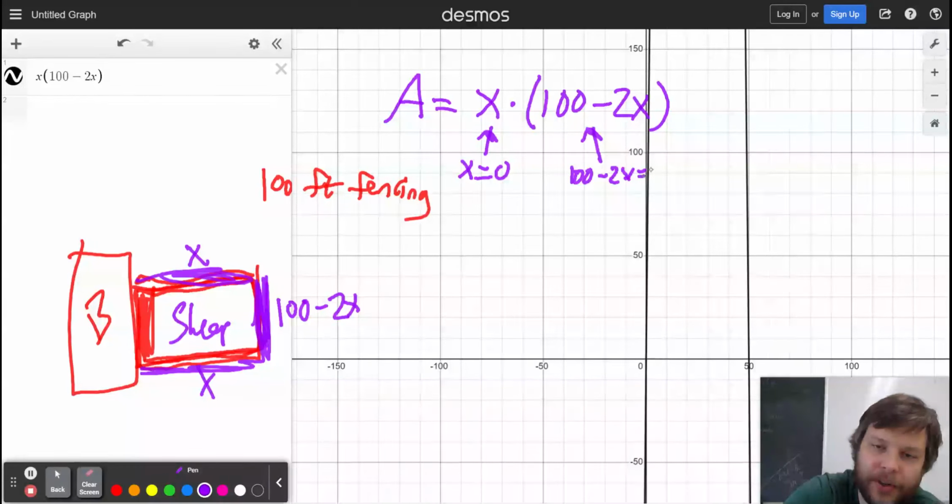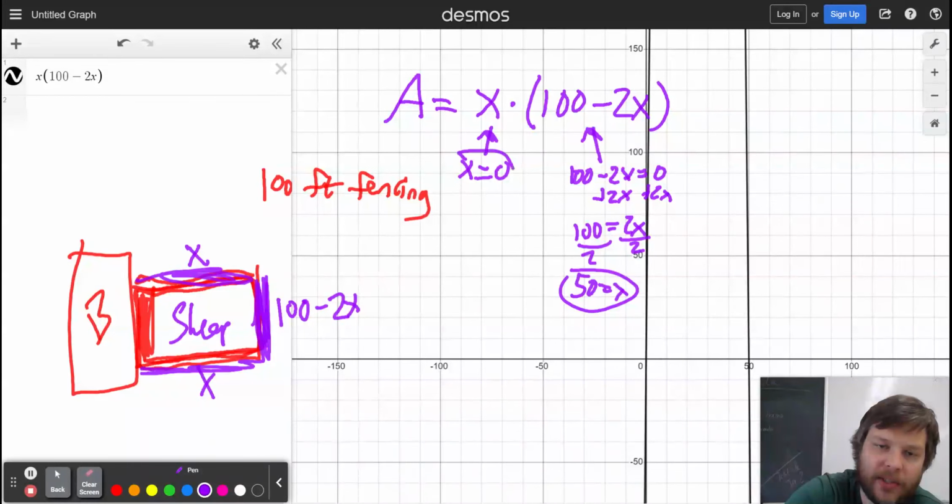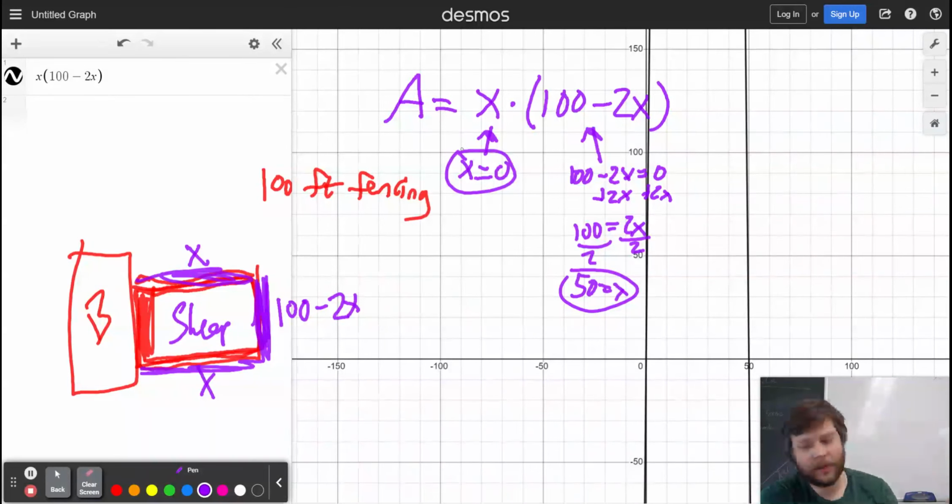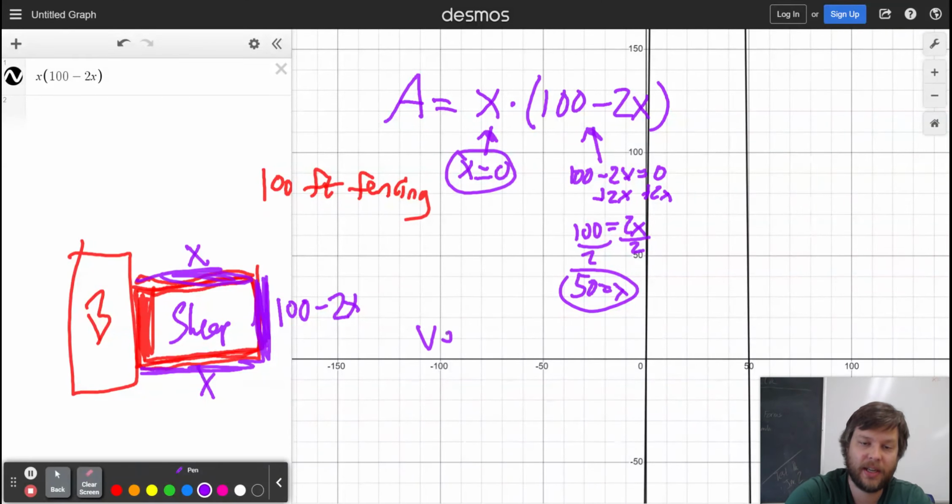If I set 100 minus 2x equals 0, I can add 2x, getting 100 equals 2x, and divide by 2, getting 50 is x. That means x equals 0 and x equals 50 are my x-intercepts. Then you should realize that the vertex is going to be halfway in between those. Halfway between 0 and 50 means my vertex is at the point 25 comma something.